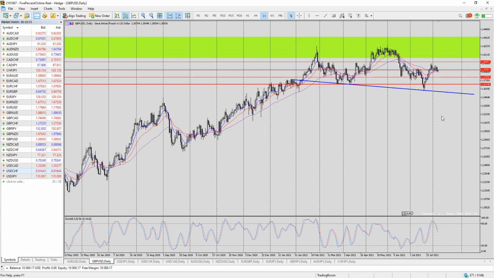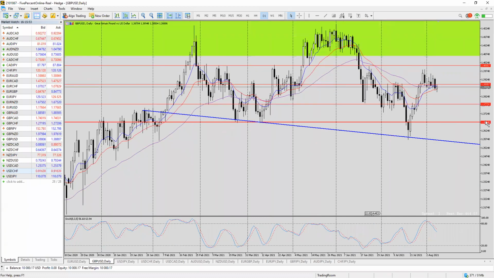Okay, and I see some of our traders are getting whipsawed with trades on pound dollar because the trend at the moment is not very clear. They go long, then it goes down, they close, they go short, it goes up, they close again. So if the trend is not very clear, just wait for it to get more obvious.